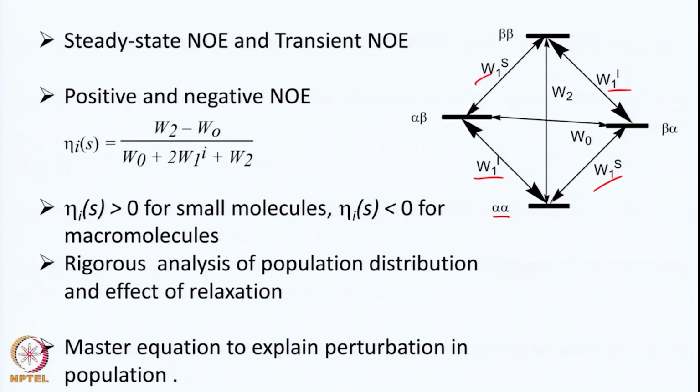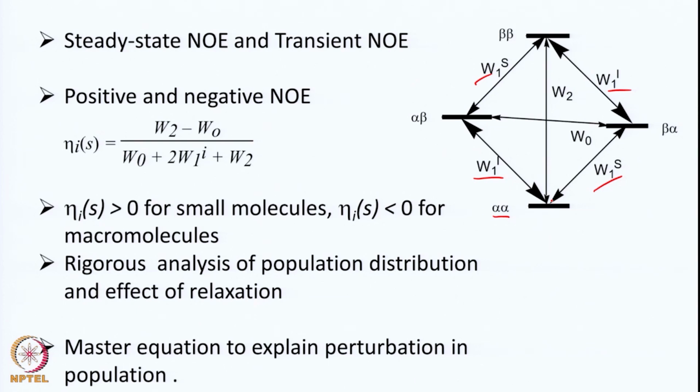If we perturb one of these spins, either S or I, the population equalizes, and then we look at how it comes back by different relaxation mechanisms and what the effect of that relaxation is on the other spin.